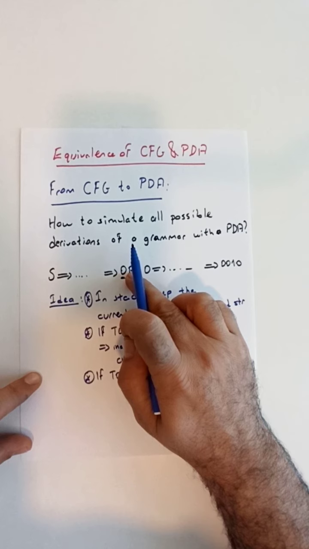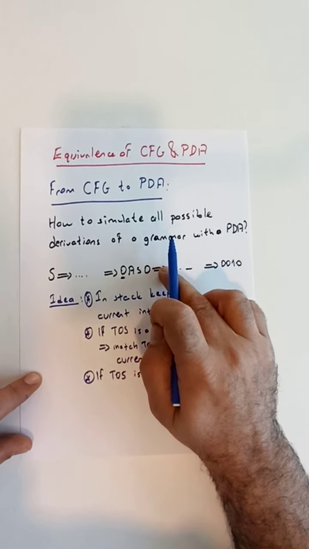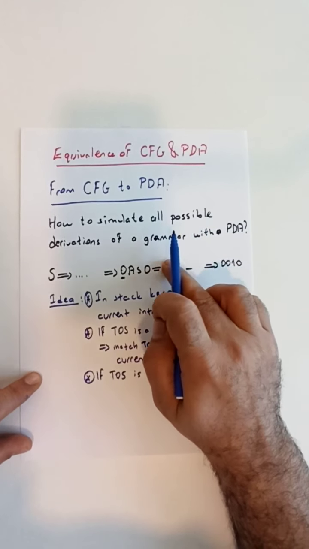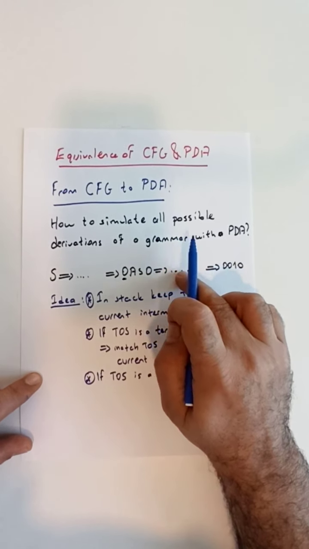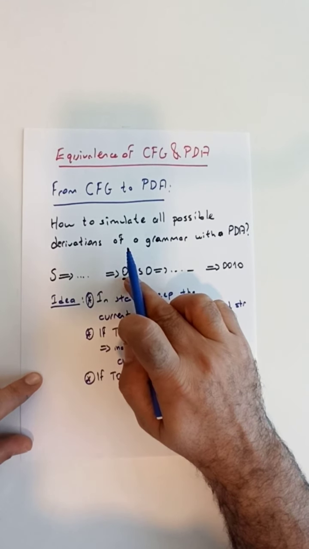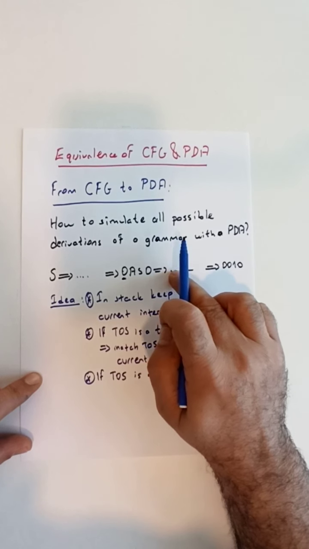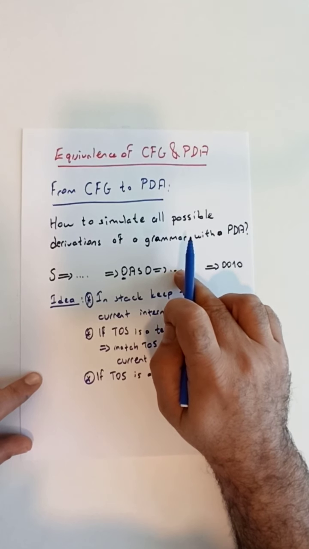If the top of the stack is a variable, let's say A, since we want to represent this next intermediate string in our stack as well, instead of A we can write down whatever right hand side rule we want to use in our derivation into our stack.